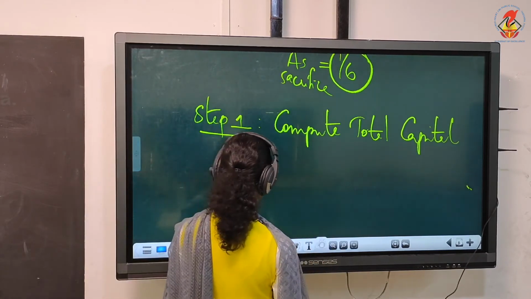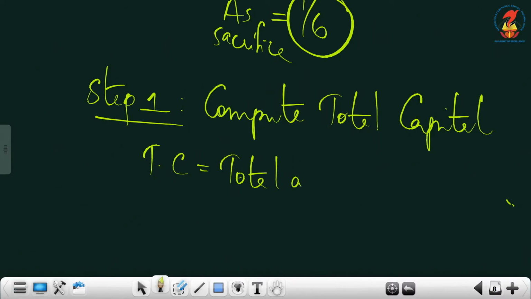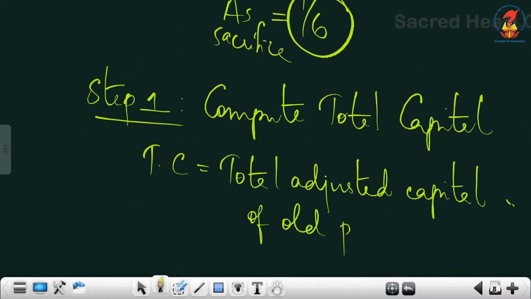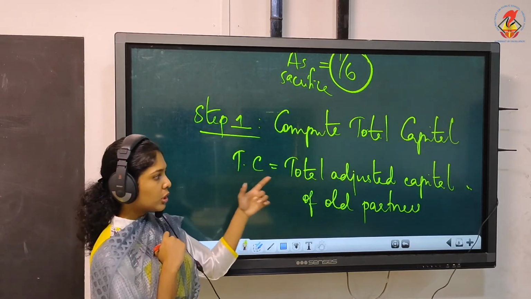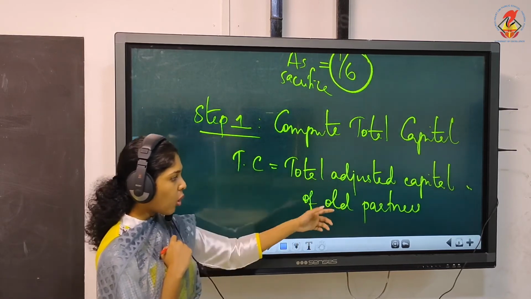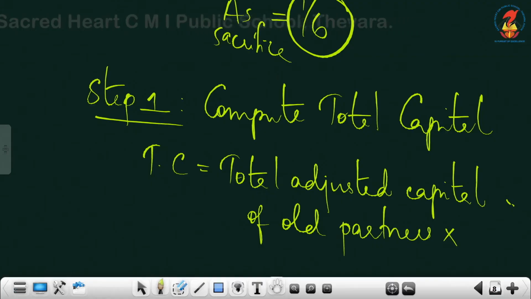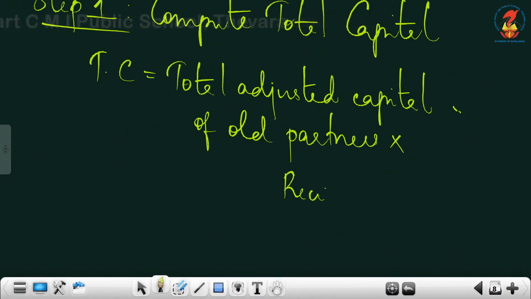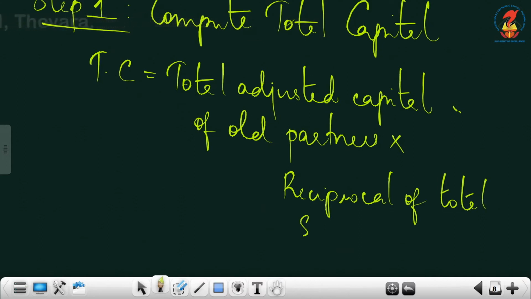What you have to learn here is total capital is equal to total adjusted capital of old partners into reciprocal of total share of old partners.